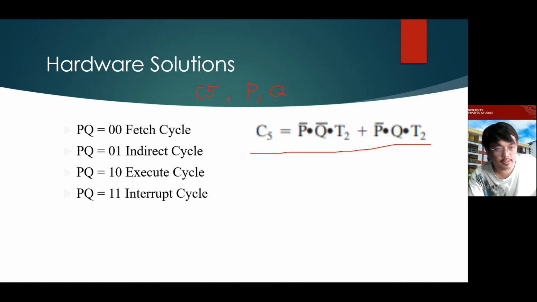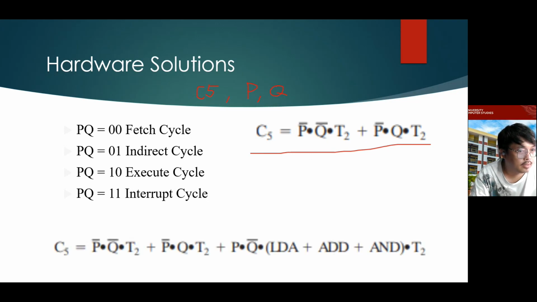For our simple example, let us assume that there are only 3 instructions that read from the memory: the LDA, the ADD, and the AND. Now we can define this process.